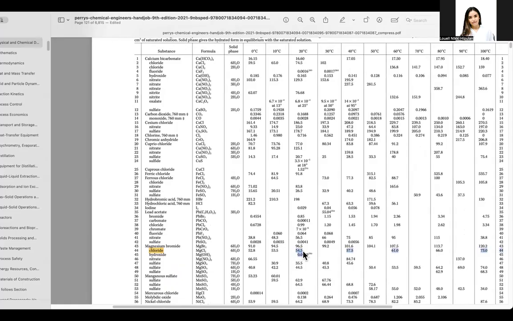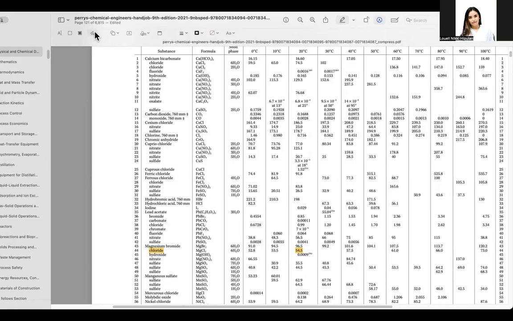This is the temperature at 20. So in order to find the solubility value, you have your solubility: 54.5.